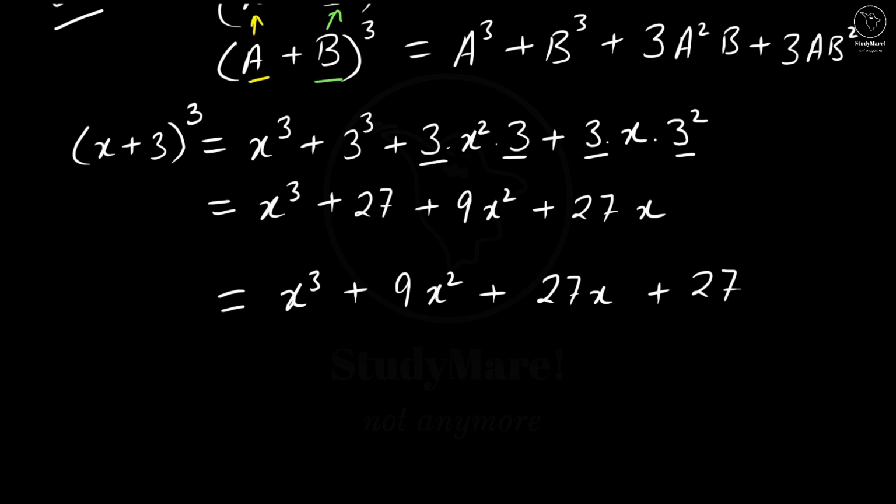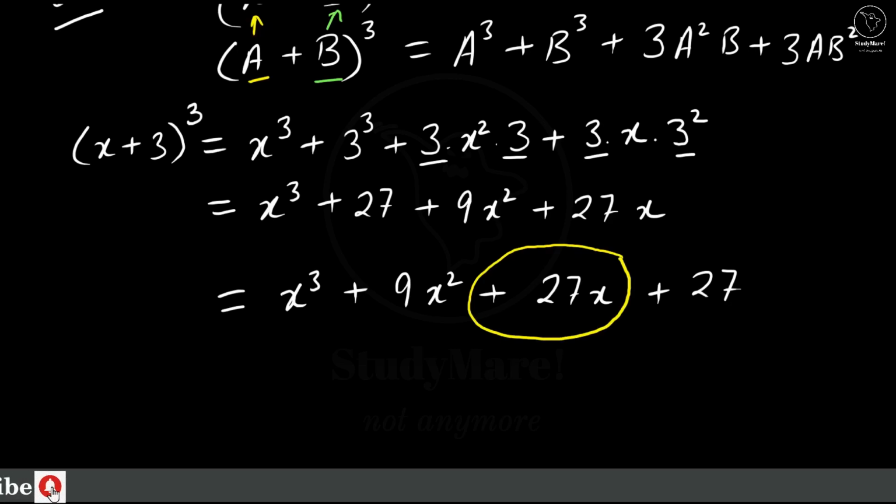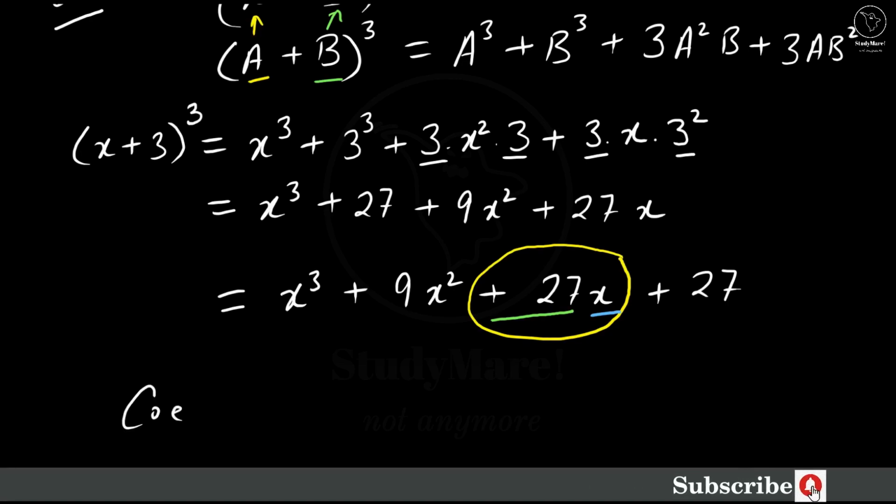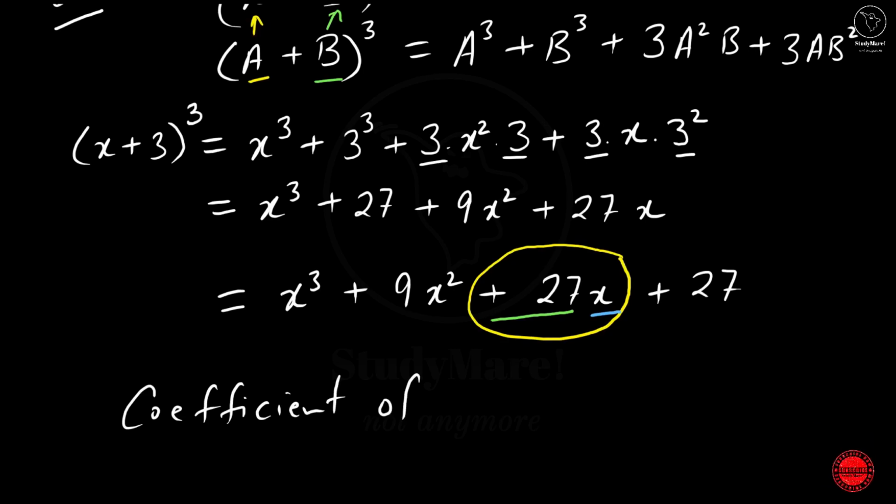Which term has x? It is +27x, out of which this is the variable and we have to find the coefficient, which is +27. So the coefficient of x in this case will be 27, which is our answer.